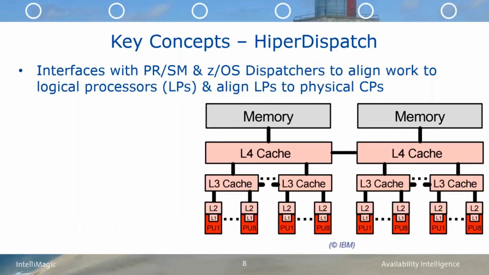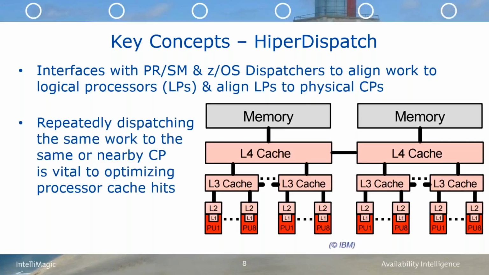Hyperdispatch has been around for a long time, but it plays an even more vital role in the z13 and z14 processors where cache performance has such a big impact. Hyperdispatch includes many technologies, but the aspect pertinent to our discussion today is the PR/SM and z/OS dispatchers interfacing to establish affinities between units of work and logical CPs and between logical and physical CPs.